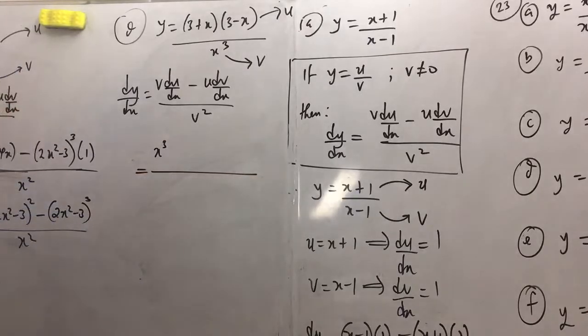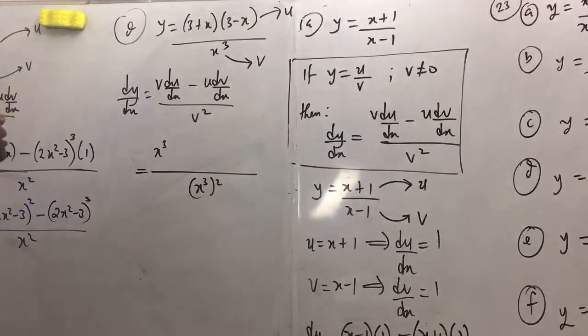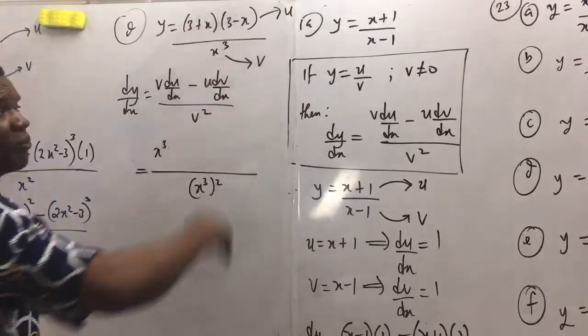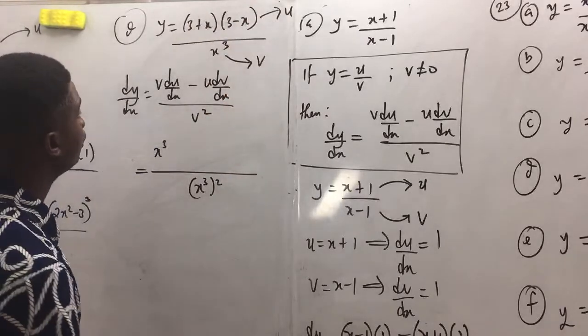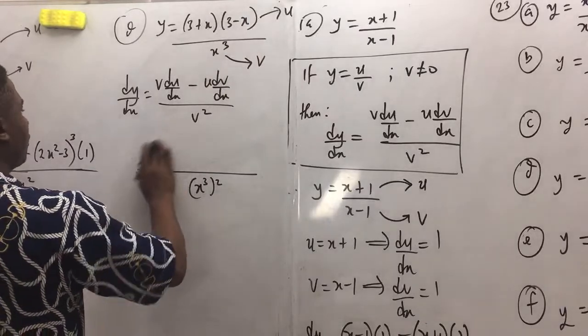Differentiating, I'm going to put my v here, all squared, right? Then du/dx, differentiating the upper function, this is my u. I'm going to be using product rule to differentiate my u. So using product rule, I would have to do this. So I'm going to put this here.